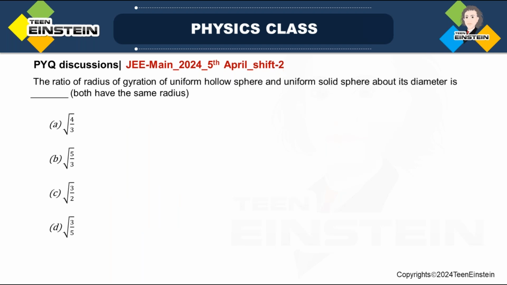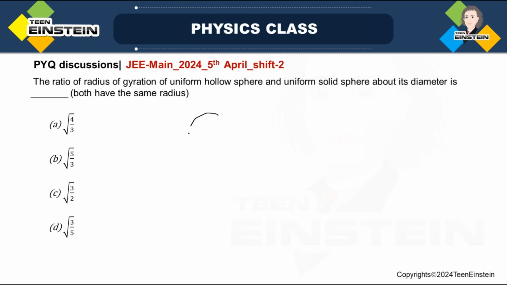This is an interesting problem. The ratio of radius of gyration of uniform hollow sphere and uniform solid sphere about its diameter, both have the same radius, you can take.